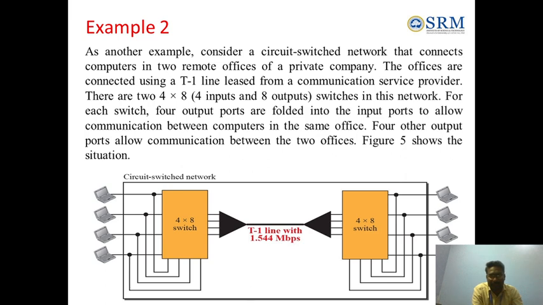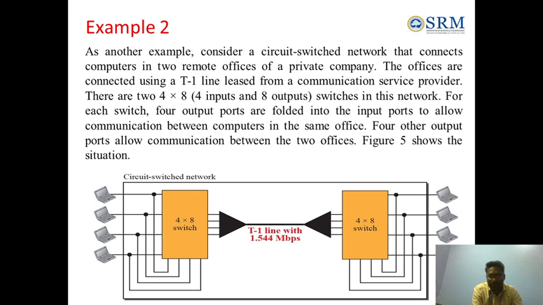So see here, we are providing the network connection with a T1 line, that is the service provider, and here we have a total of 2 4x8 switches in the network. Which means that they can offer 4 inputs and 8 outputs.